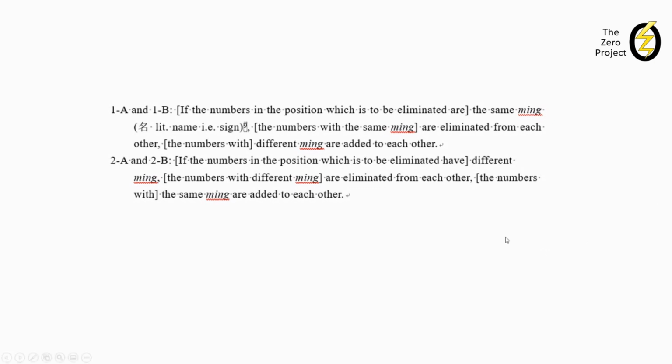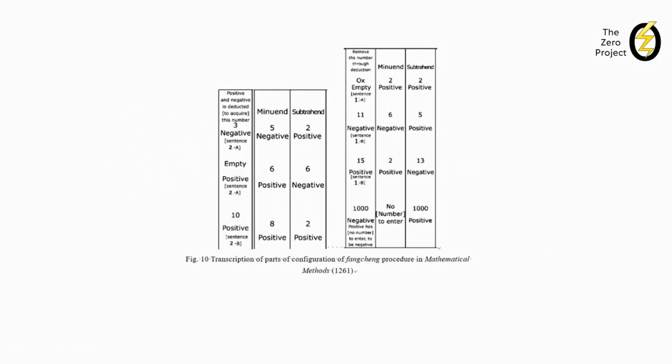In this figure, 2 numbers, 6 in the middle position, are marked as positive and negative respectively, since they have different names. Rules 2a and 2b are applied to each pair of numbers in corresponding positions in the 2 columns.